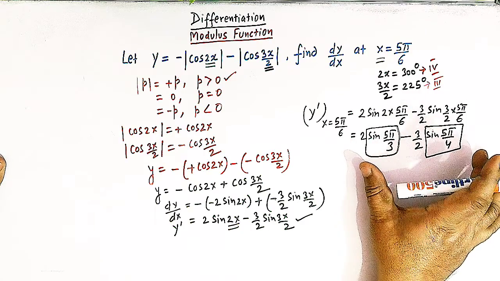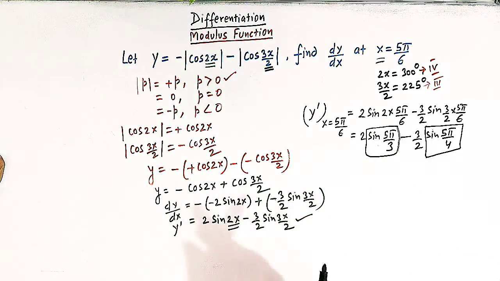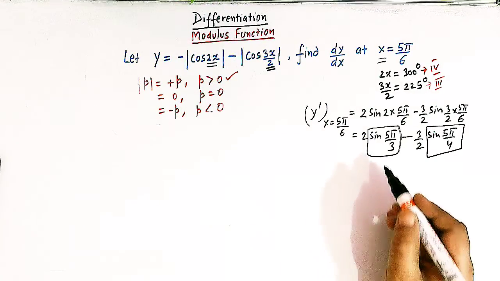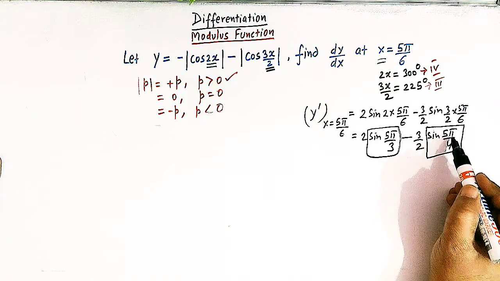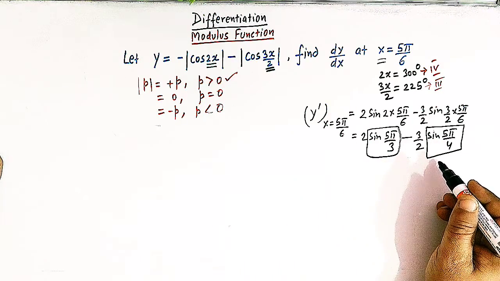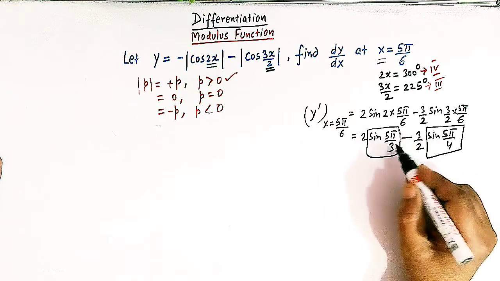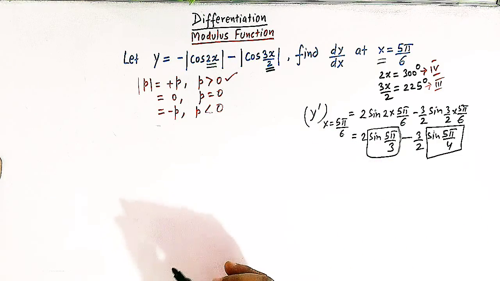So for getting the value of these two expressions, we'll make use of some trigonometry. Although we can find out the values of sine 5 pi by 3 and sine 5 pi by 4 directly by using a standard trigonometric table, here we'll find the values of these two expressions separately for the benefit of viewers, right?